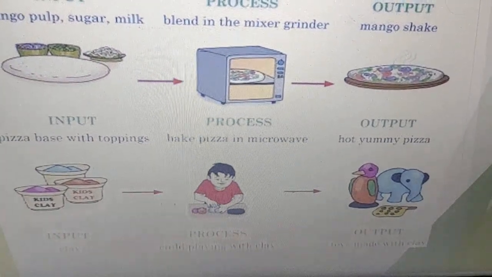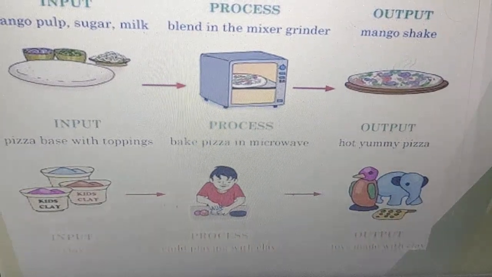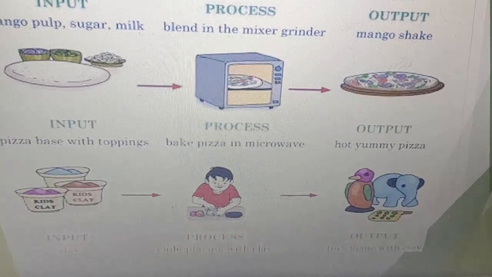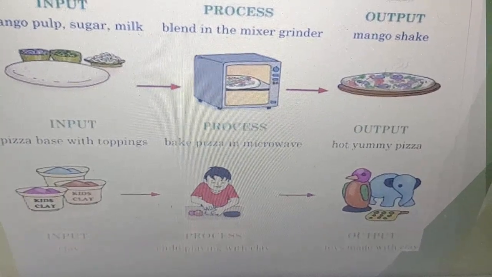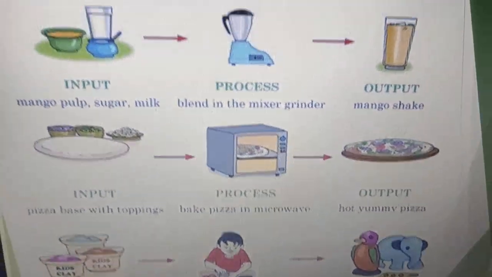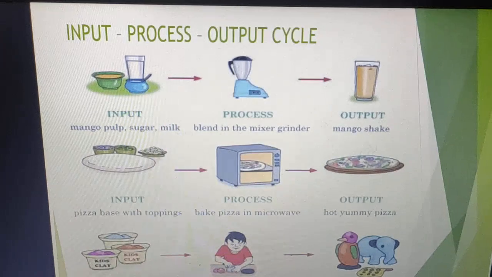So here the input is clay, and then in the process, that boy has used his hands and made the design, and in the output he got two objects, one is an elephant and one is a duck. So I hope, dear children, you have understood what is input, process and output.